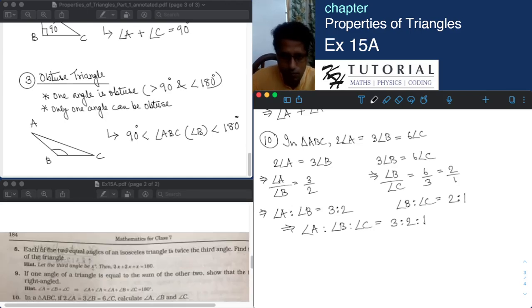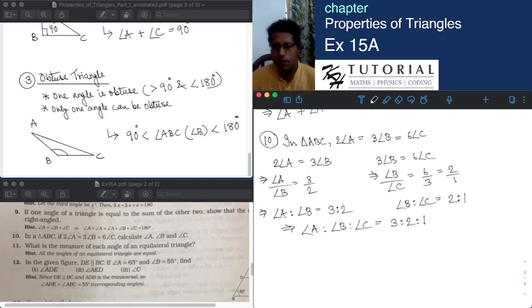And in this problem, problem number 10, we have found that the ratio of the angles A, B, C is 3:2:1. So let angle A be equal to 3x, angle B equal to 2x, and angle C equal to x. All these are in degrees.